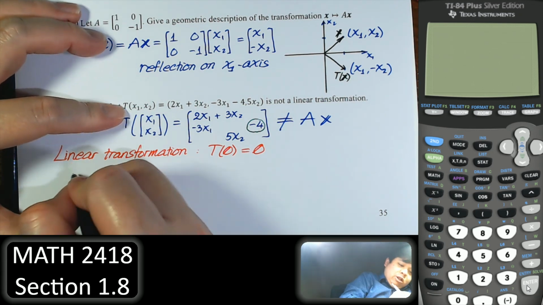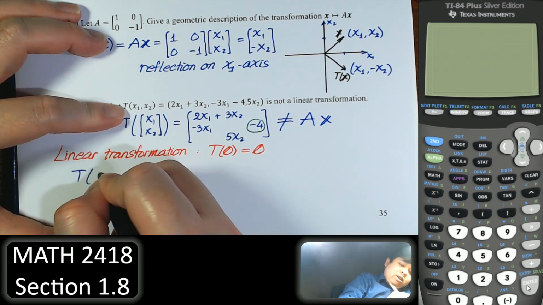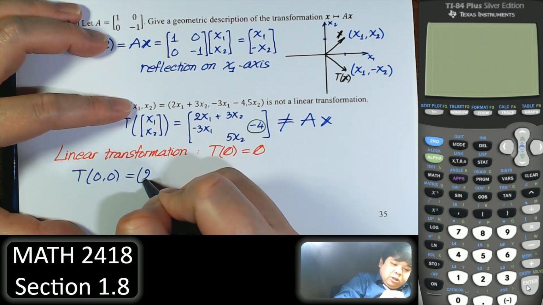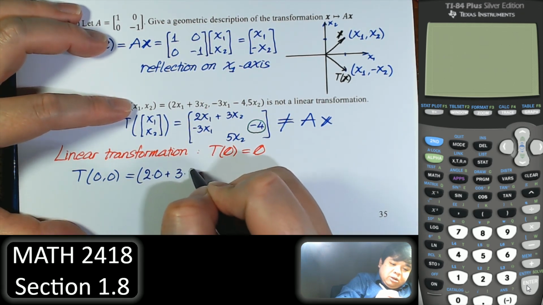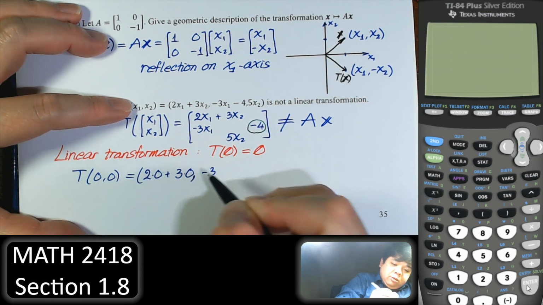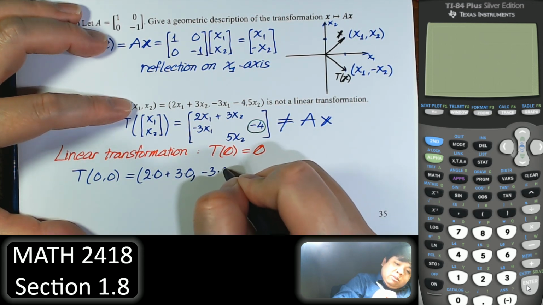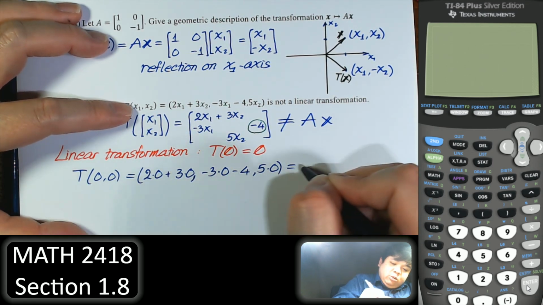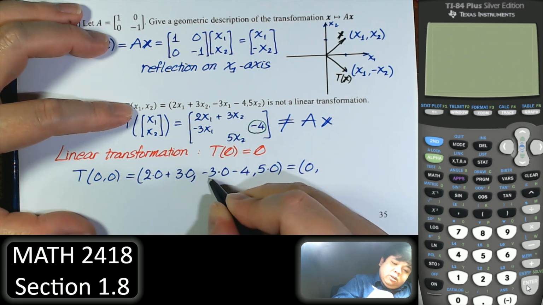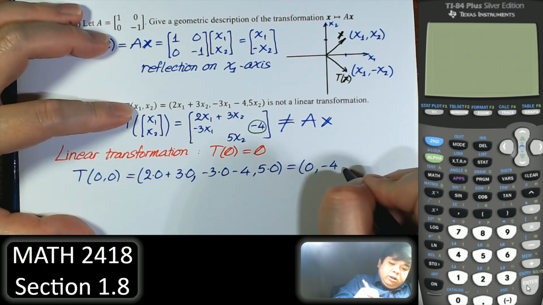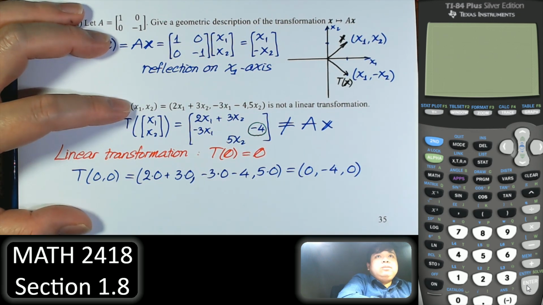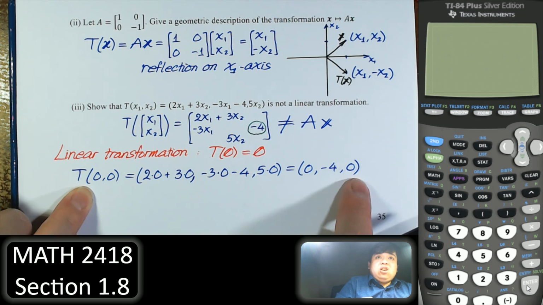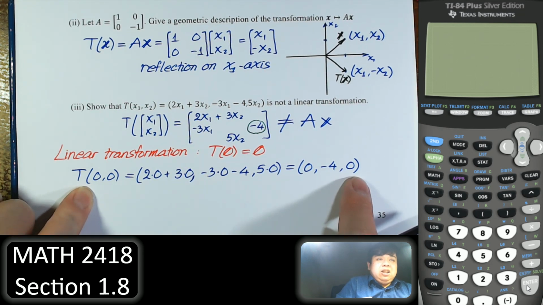So now we do the transformation of a 0 vector: 2 times 0 plus 3 times 0, minus 3 times 0 minus 4, and 5 times 0. Do all of that, and we have 0, negative 4 and 0.